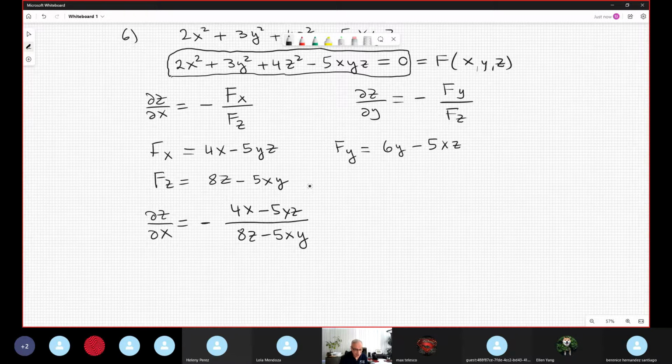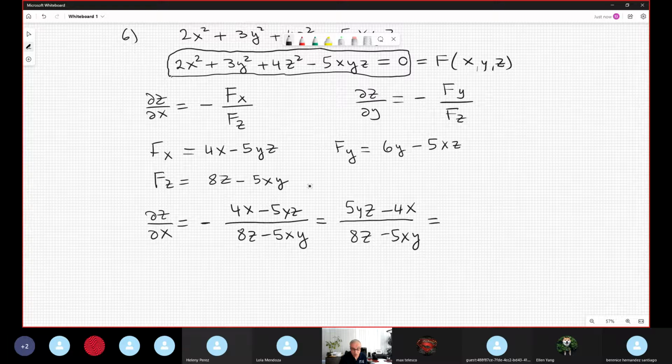There are many ways to write that. So this is fantastic. It's good, no problem. Another way is to suppose that this negative is in the top, so you change the sign: 5yz minus 4x divided by 8z minus 5xy.